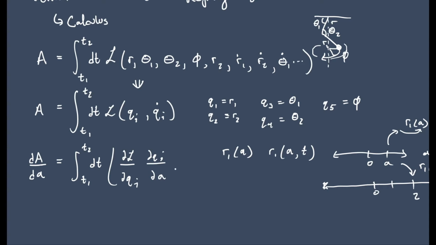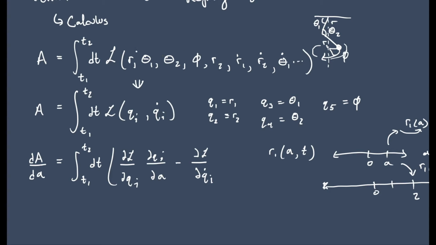And then we also have, I'm going to erase a little bit of stuff here to give myself some space, the derivative of the Lagrangian here with respect to its second independent variable, which is the derivatives of each independent variable here.